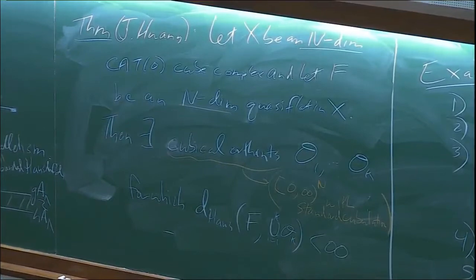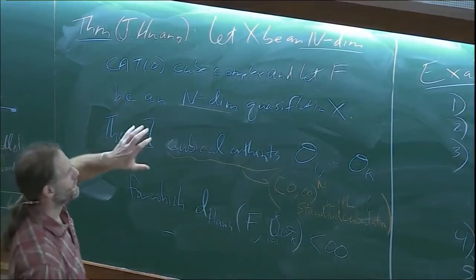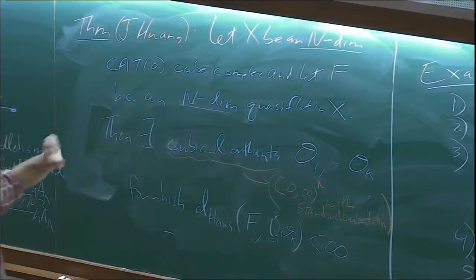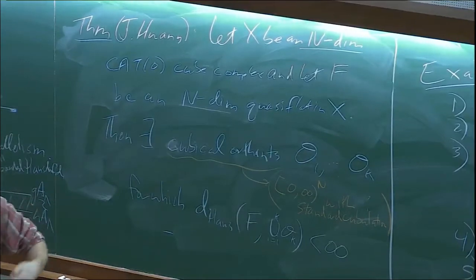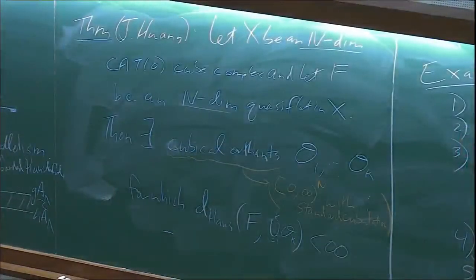So he proved a quasi-flats theorem in this context of CAT(0) cube complexes, where the maximal rank of a quasi-flat coincides with the dimension of your space. So this is an interesting example. It covers lots of cases that weren't previously done.